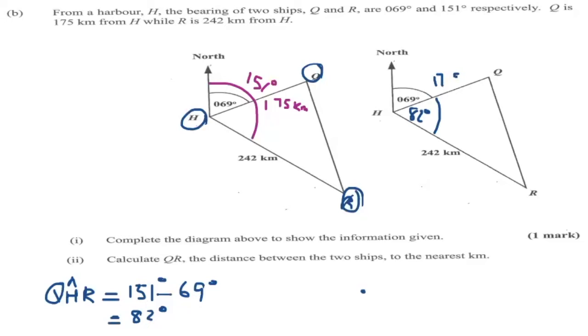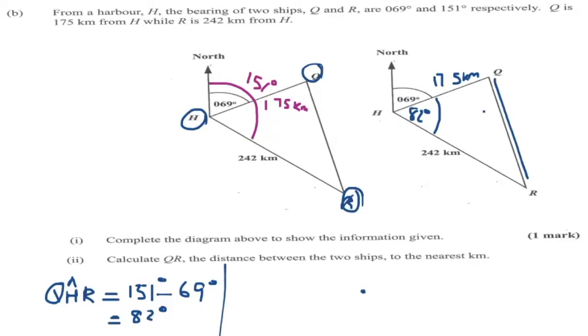Now, this was also given, that here is 175 kilometers, and this was not given. That's what we're finding. If I have an angle and two sides and I want another side, then I will use the cosine rule. So let me go ahead and label the sides.